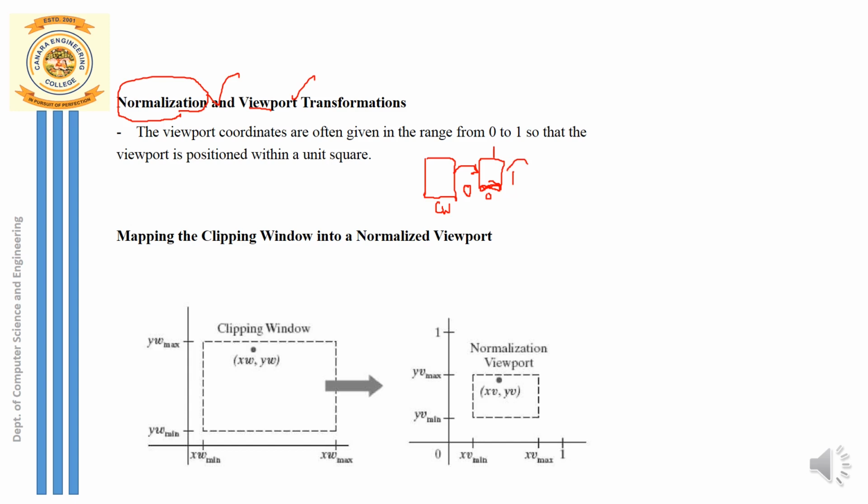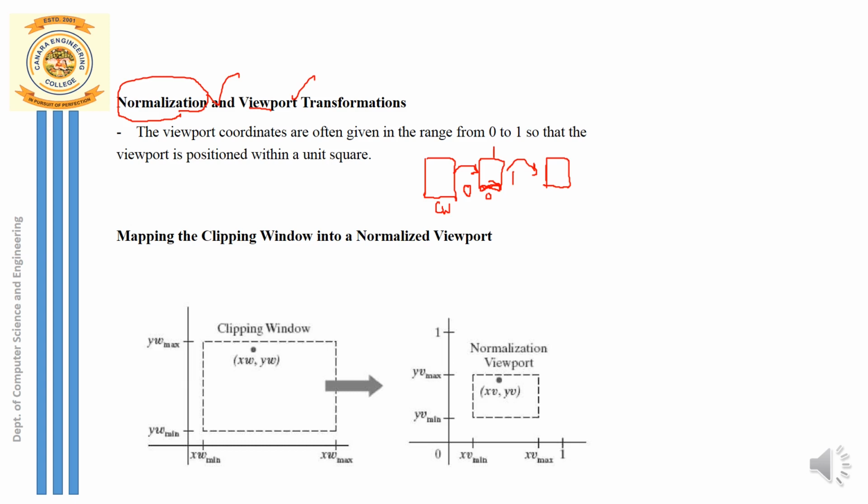Once this normalization is done, you are ready for mapping onto the viewport. So the object within this normalized square will be mapped onto the viewport.